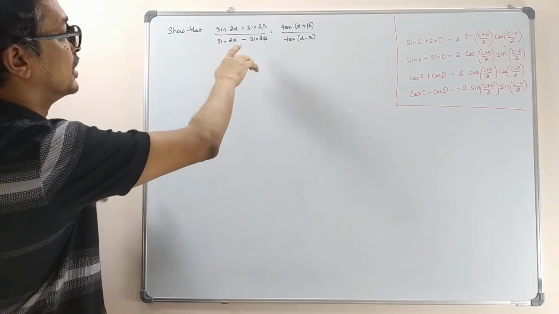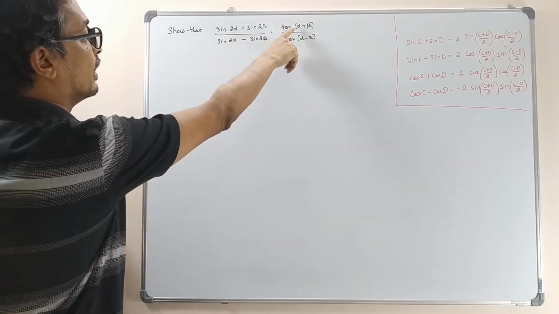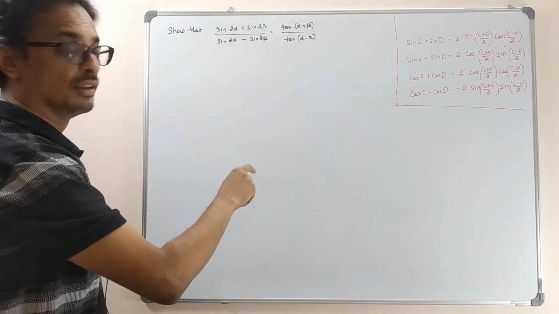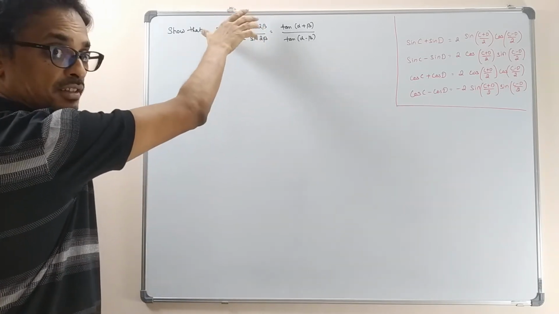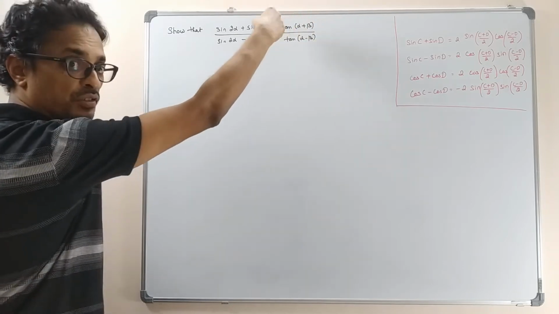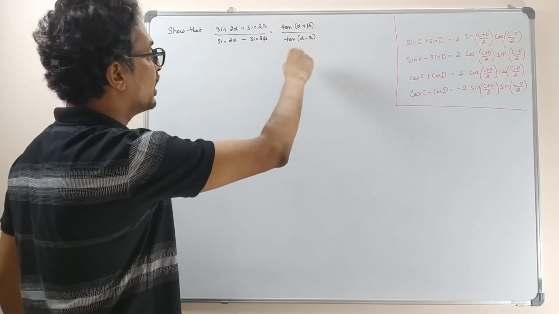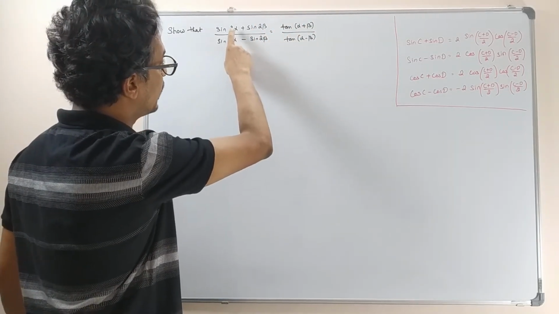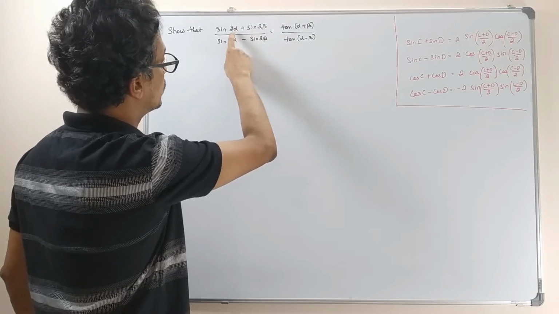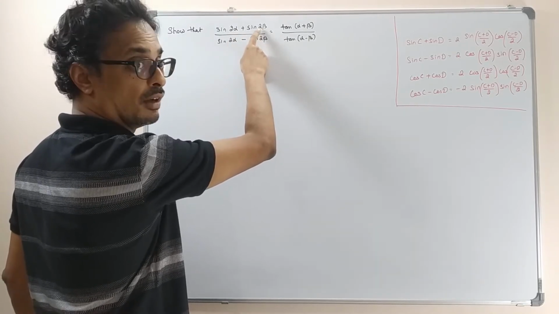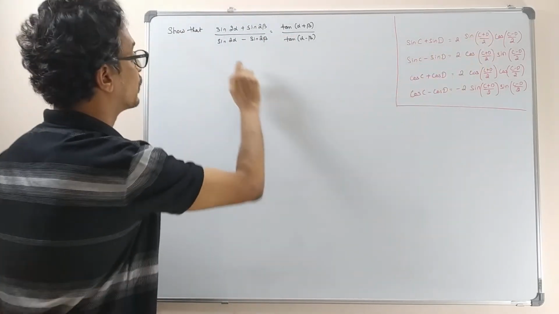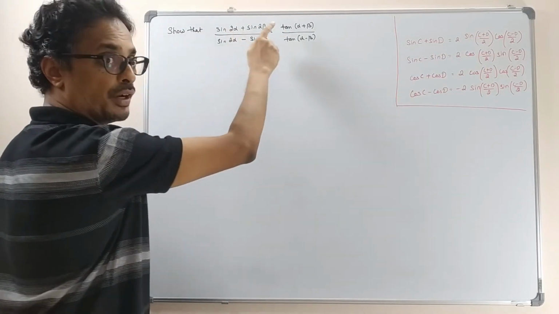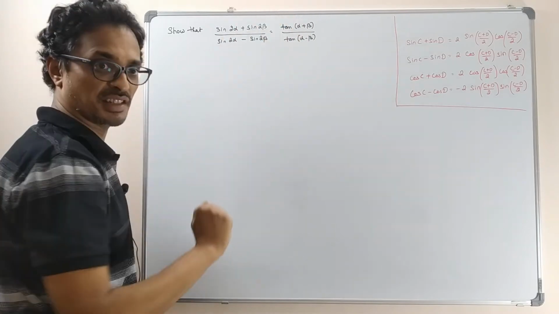See, it is α plus β, and there is a sum of two trigonometric functions, which we have to write in terms of some trigonometric function. Interestingly, from there itself we get the clue: 2α and 2β. So it is (C+D)/2.